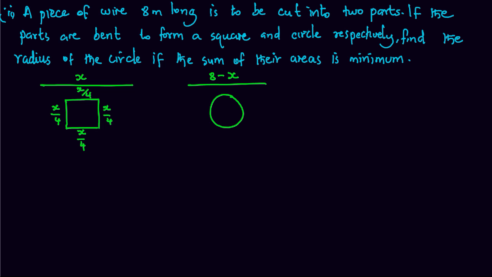While for the circle, 2 pi r will be equivalent to 8 minus x.